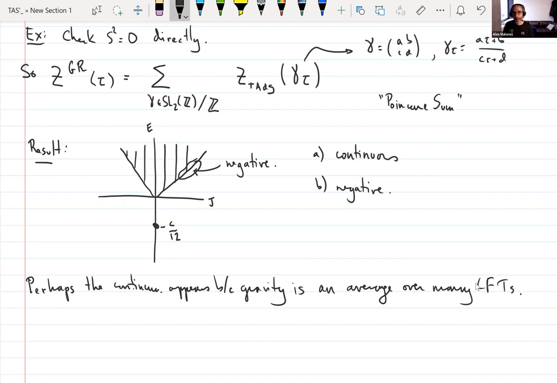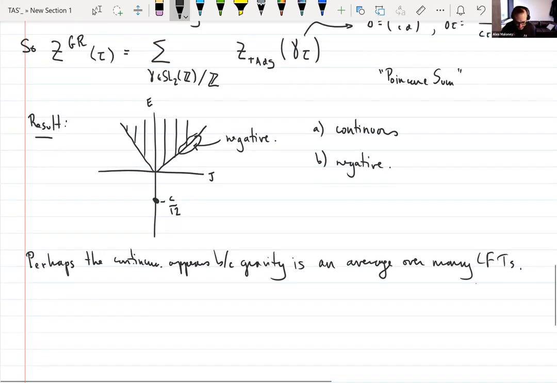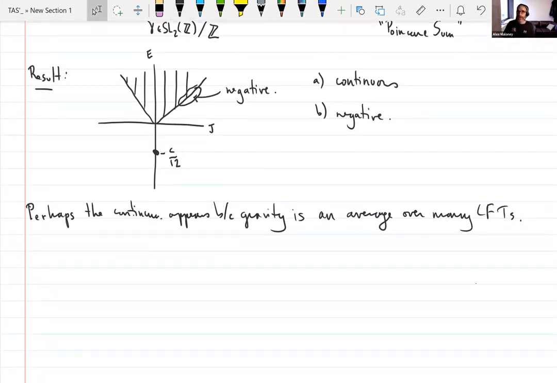Because it's certainly possible to average a bunch of discrete densities to get a continuous density, but that density will always be positive. To say this another way, the average of positive numbers is a positive number. So in order for us to even hope for an interpretation in terms of an average over CFTs, we need to think about this fact that the density of states is negative.